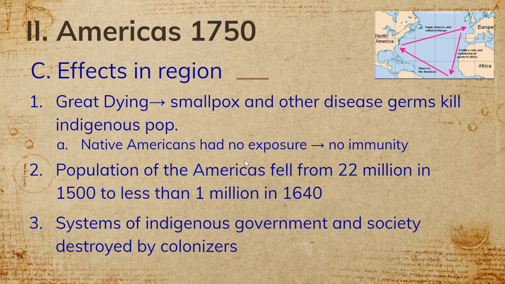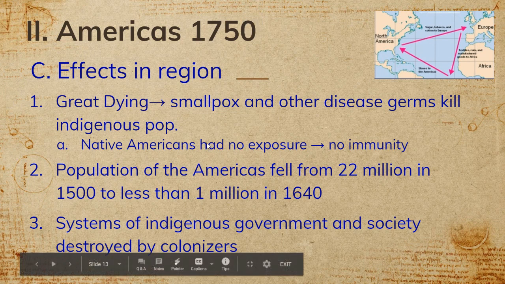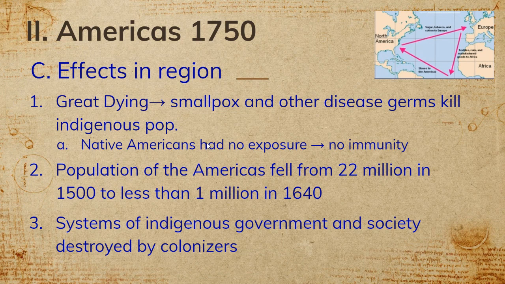Because Native Americans had no exposure, they never experienced smallpox and other diseases, they had no immunity. It takes some generations to build up immunity to diseases, and in fact, smallpox you need a vaccine for, so you never really build up immunity. And that leads to the killing of just immense amounts of population.